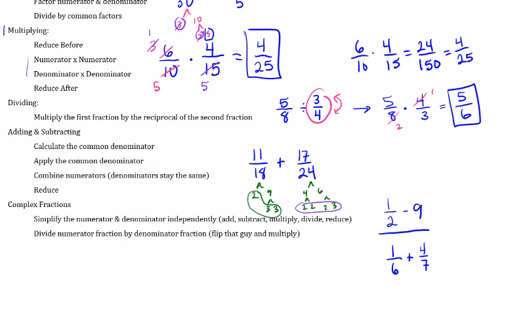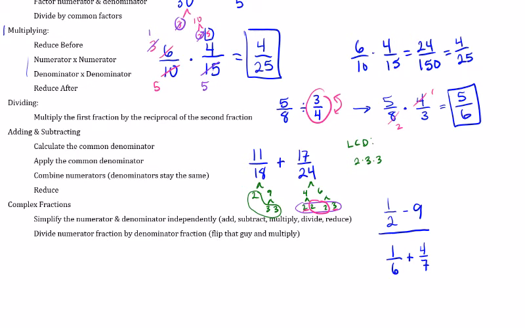It's wasteful. And so our LCD is going to incorporate everything that we had in the 18: the 2, the 3, and the 3. But once I get those, I can realize, hey, I already have a 2 and I already have a 3, and so really all I need is 2 more 2s.